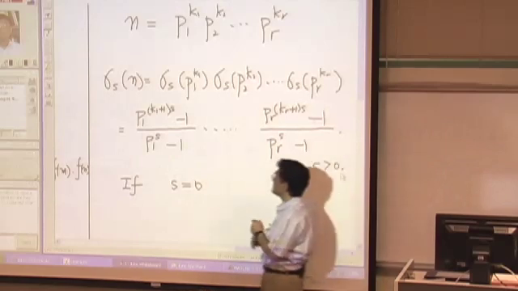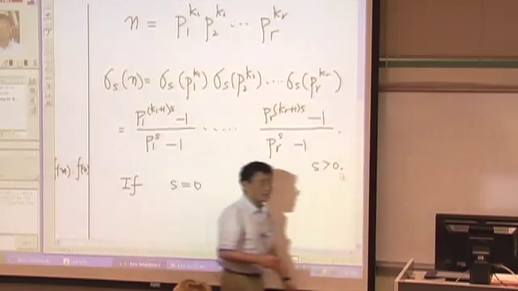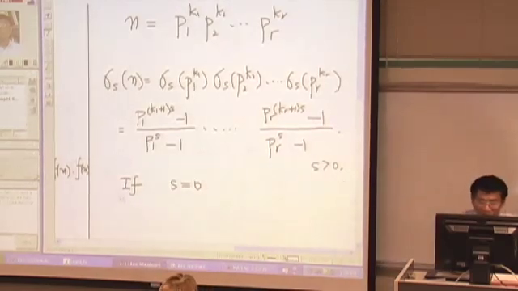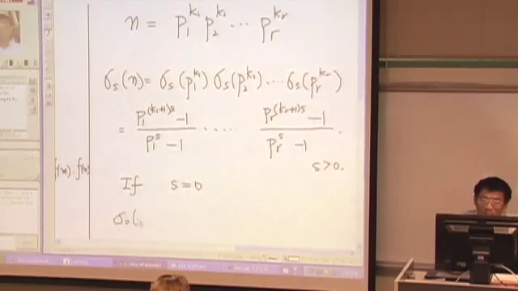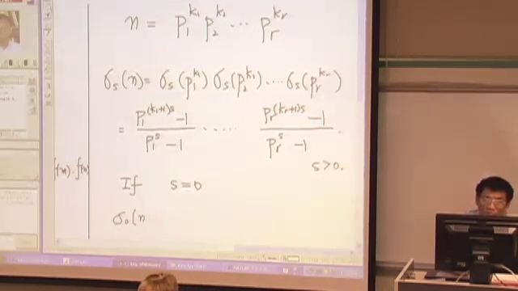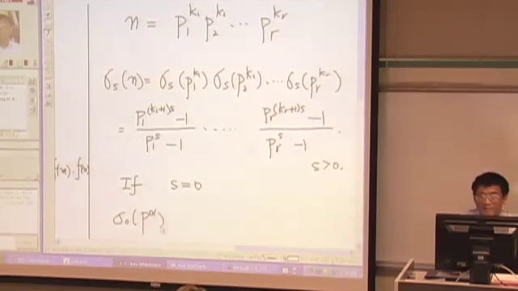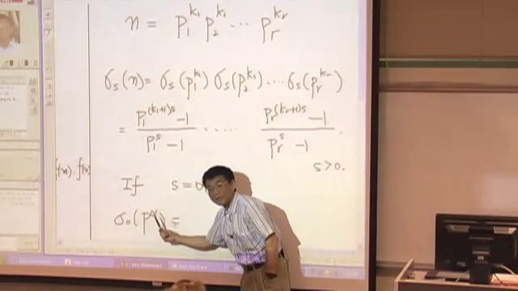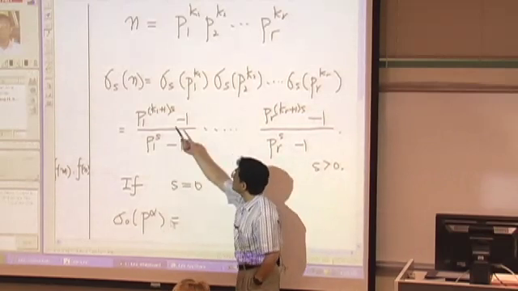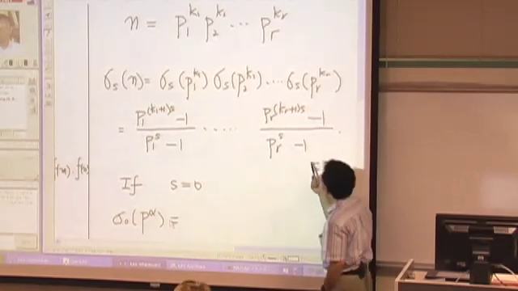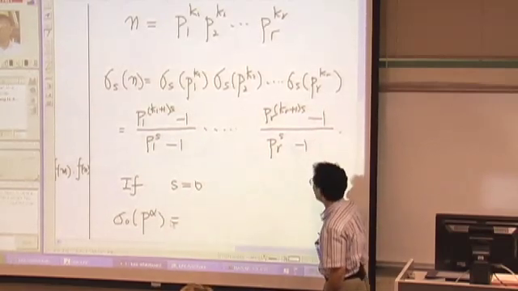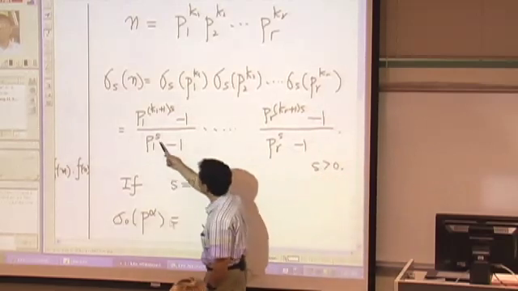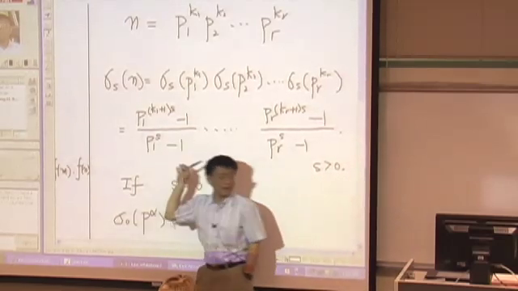If S happens to be 0, then I should return back to the prime power case, the p to the power of alpha case, right? I will derive the formula for this one and then use it to find the general result. So this is true for S greater than 0, because if S is equal to 0, you have a 0 denominator.